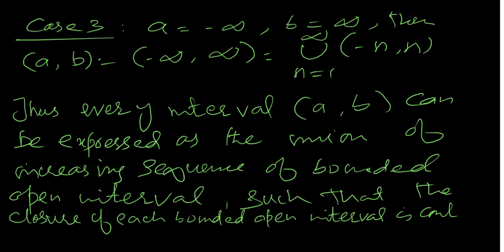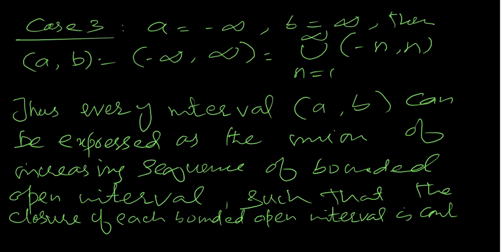And then we take the union of discontinuities of each bounded open interval. Suppose we have the interval minus 1 to plus 1, we check the discontinuities over that interval, they are countable. Then we take the interval minus 2 to plus 2, again find the points of discontinuities of the function f, and so on.